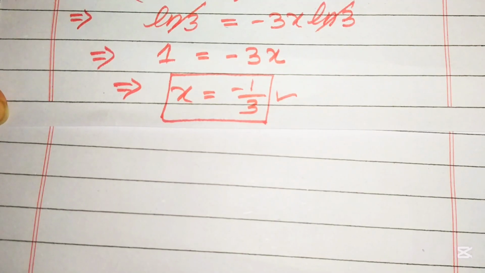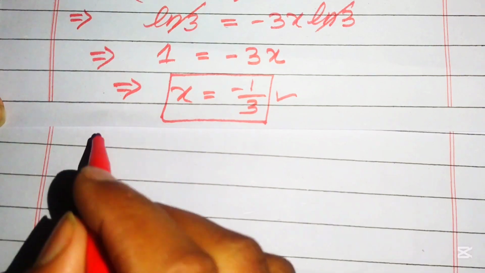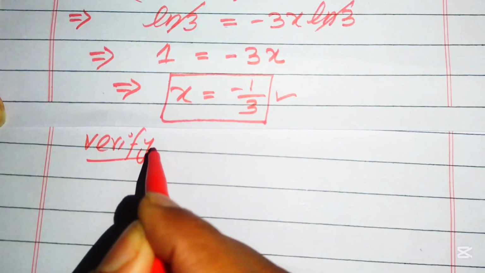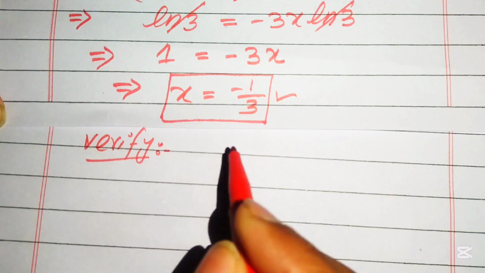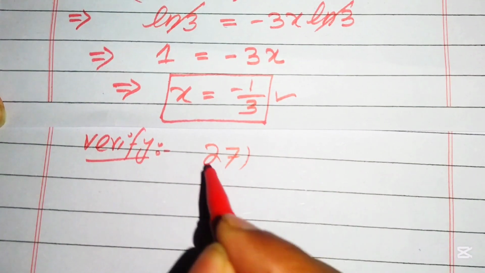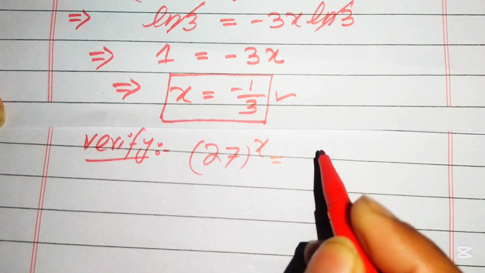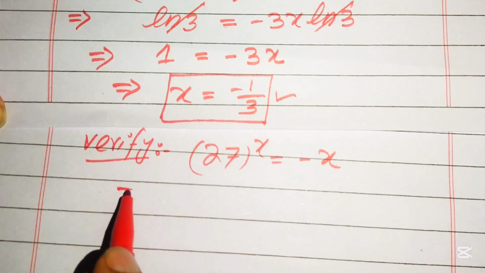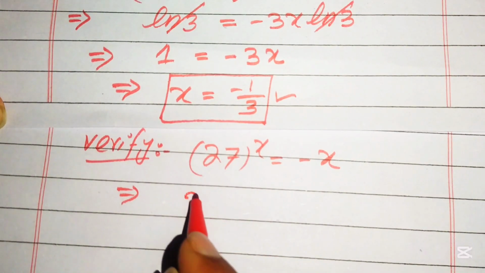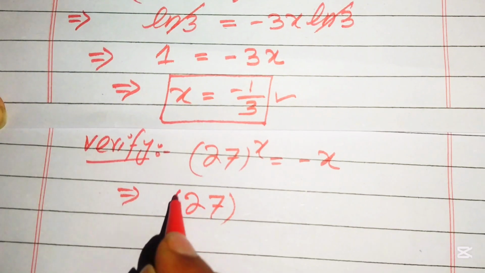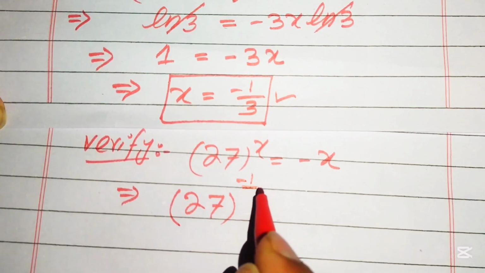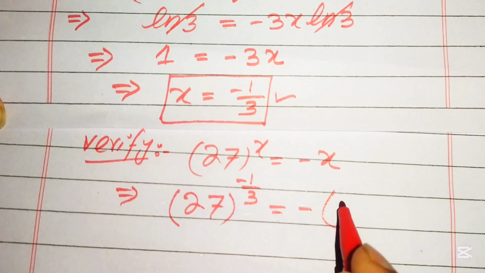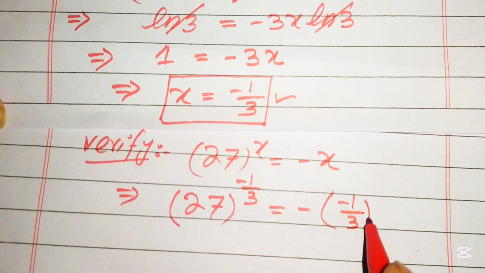And now we need to verify this value of x. In order to verify it, we need to copy down the given question statement. It is 27 to the power of x is equal to minus x. Now we substitute the value of x on both sides, so it will be written as 27 to the power of minus 1 over 3 is equal to minus times of minus 1 over 3.